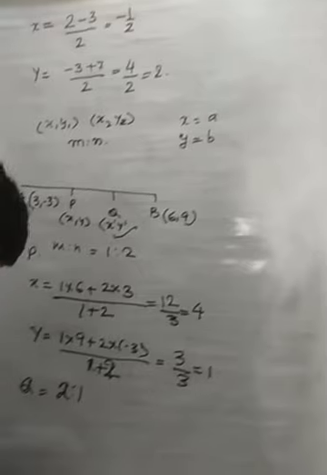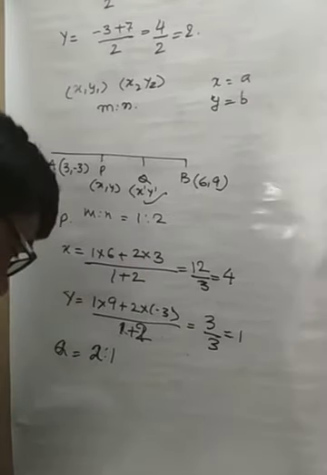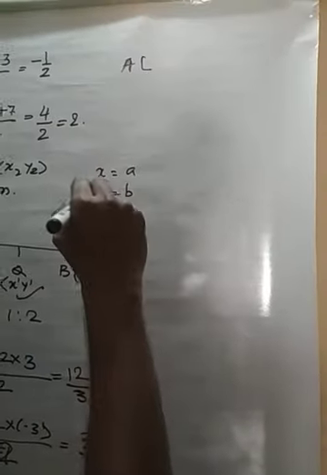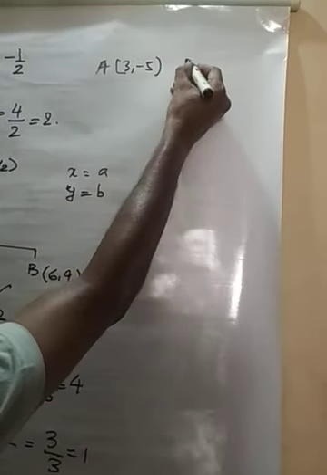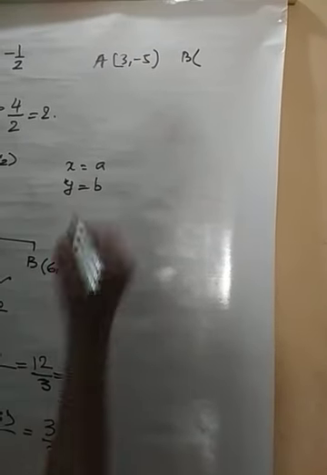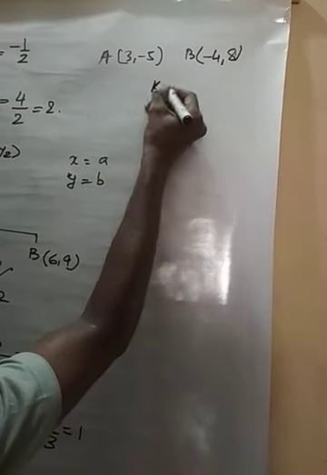Just note it down: our A is 3, minus 5, and B is minus 4, 8, and the ratio is k is to 1.